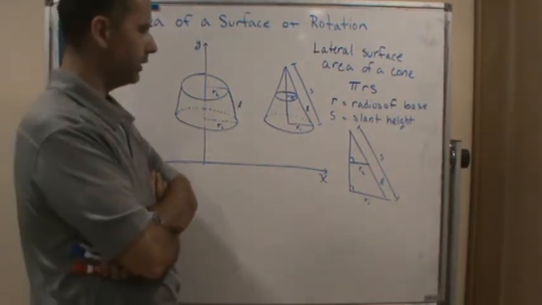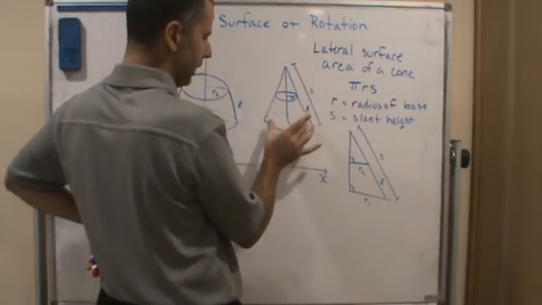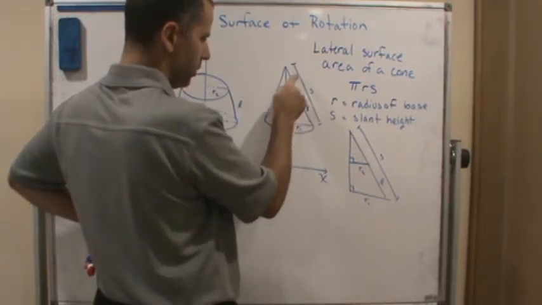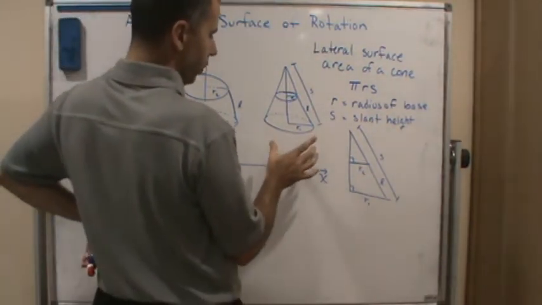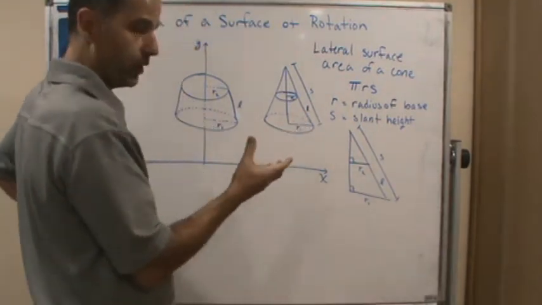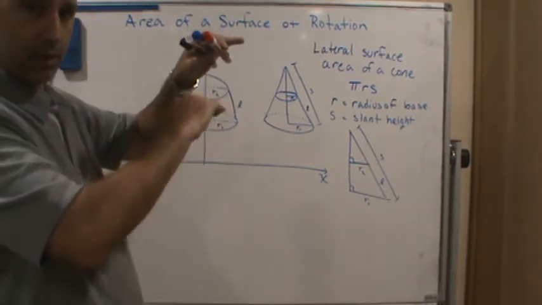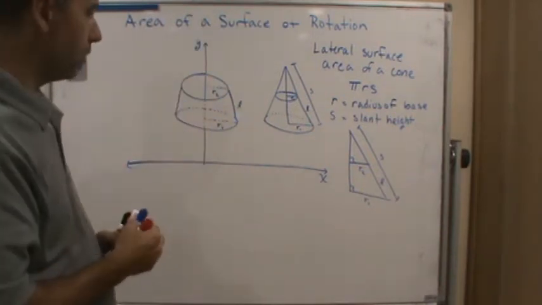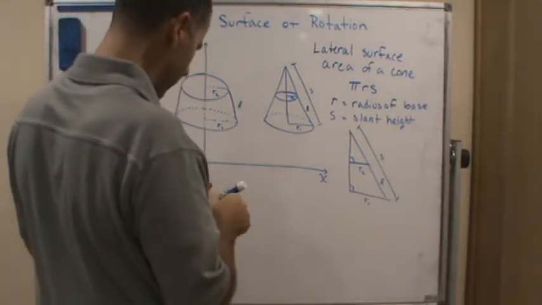So what we can do is treat it as a full cone, and we just cut off the tip of the cone, which is still a cone. So we can treat this as the lateral surface area of the whole cone minus the lateral surface area of the tip of the cone, and subtract those two.